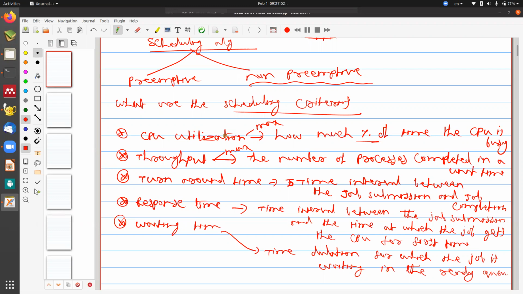Suppose inside my department there is only one classroom, and every teacher goes there, takes their class and comes back to their chamber. I entered my department at 7, but I got a chance to take the class in that classroom at 10 o'clock, the first time I got a chance.